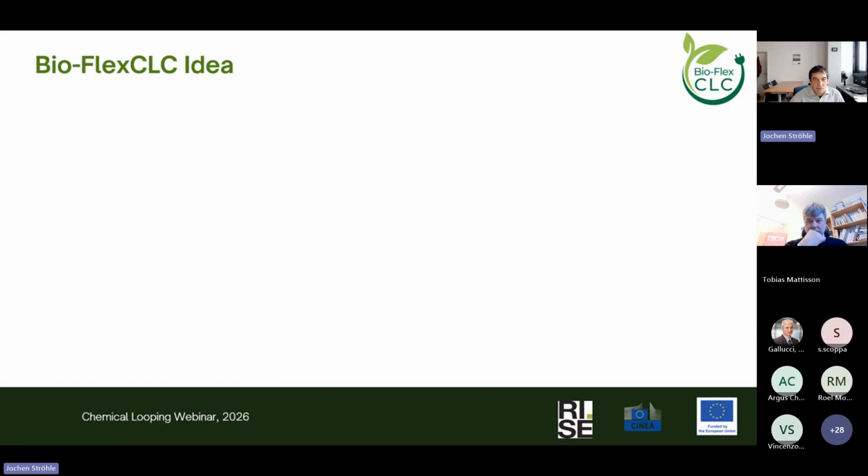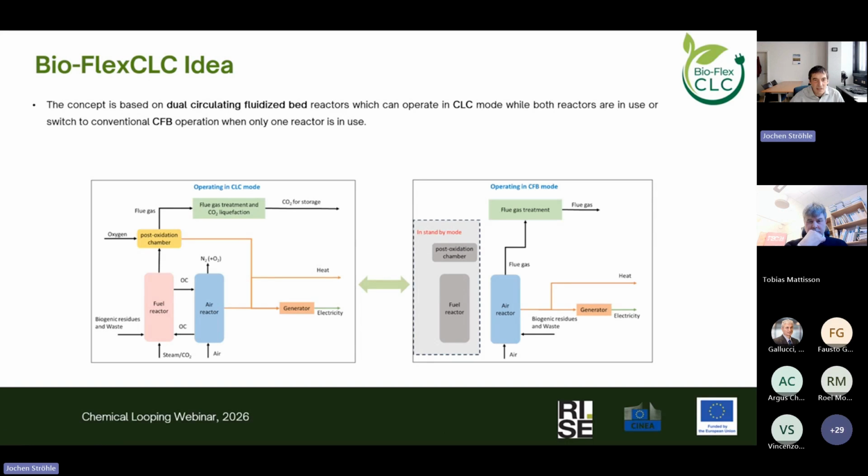Just a brief overview of the idea of Bio-FlexCLC. The idea is to have a flexible mode that can change between 2 concepts. Maybe I start with the right-hand side. This is a conventional CFB technology.